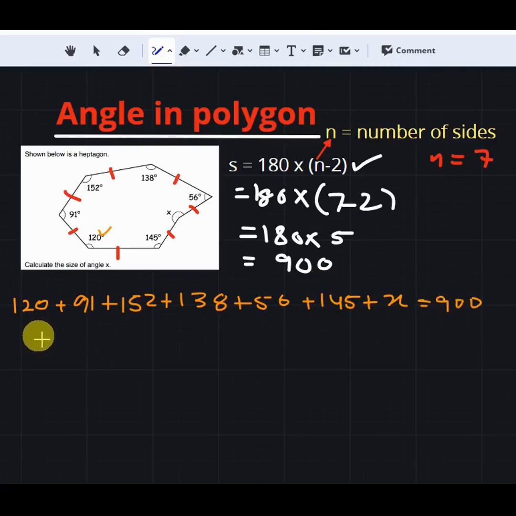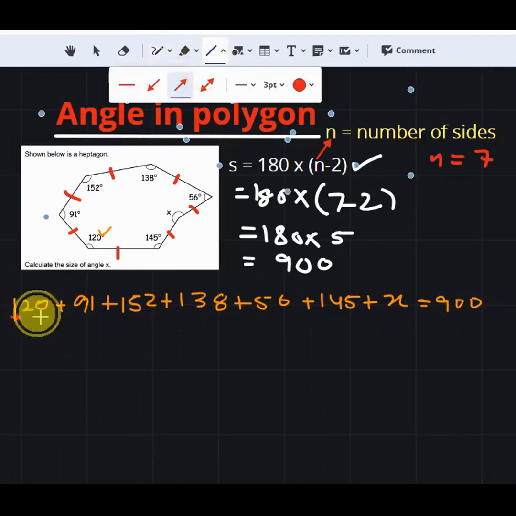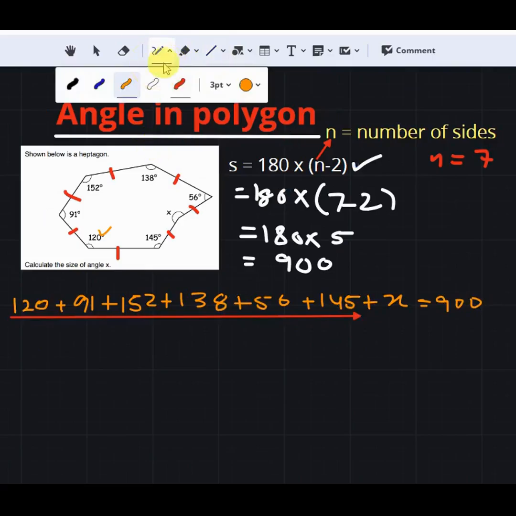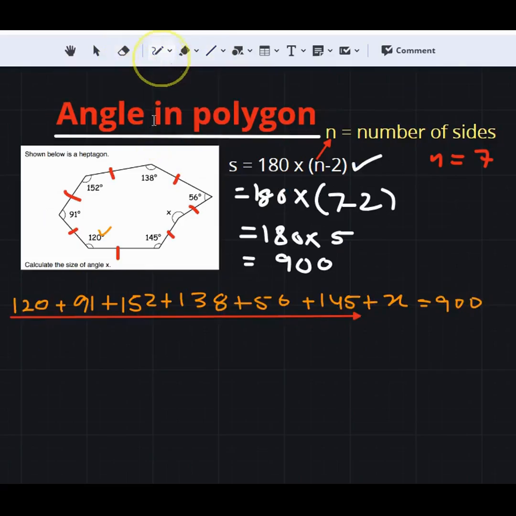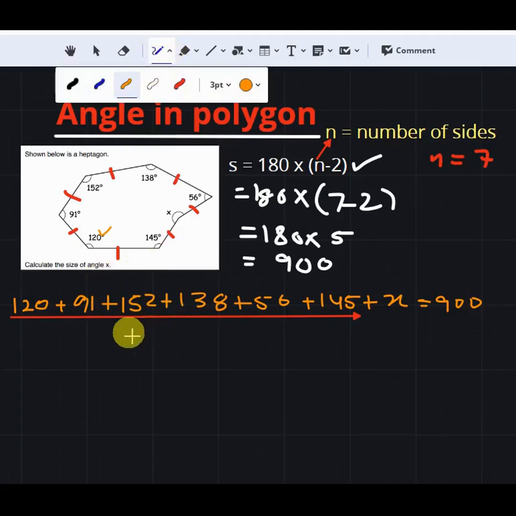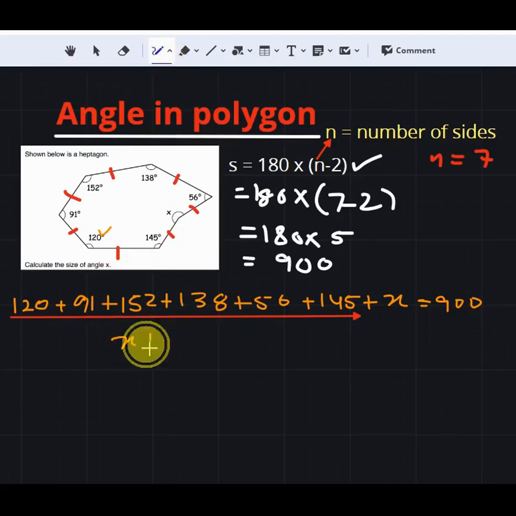Now I'm adding all the given angles, these ones, and when I add them, that is equal to 702. So x plus 702 is equal to 900.